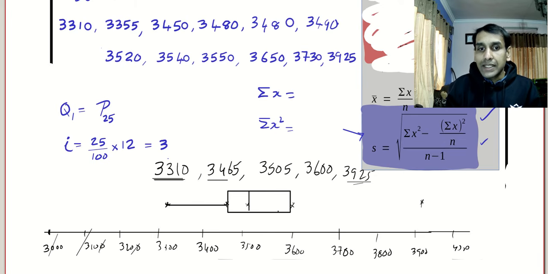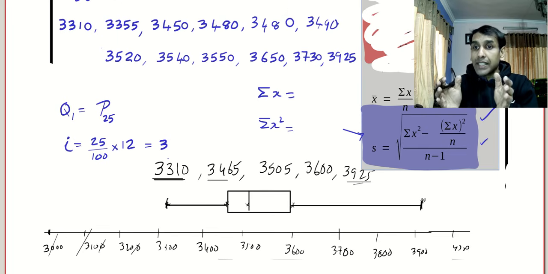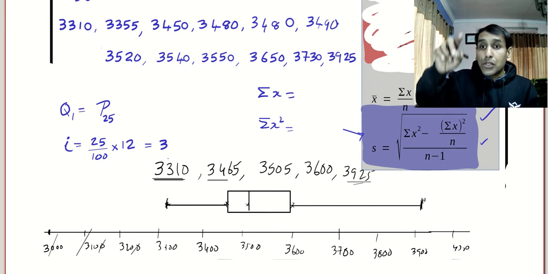Now for the whiskers, I explained what's a whisker in the last video, check it out. And these are the whiskers. So this is called the box and whisker plot, or simply the box plot. And the numbers are called the 5-number summary. Now one important thing, you can make the box plot by making a scale parallel to the y-axis.